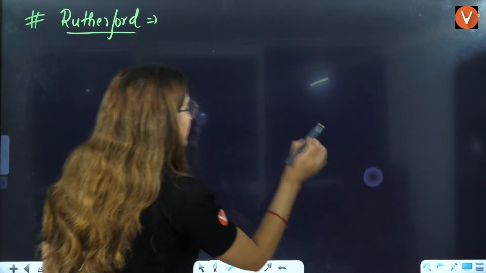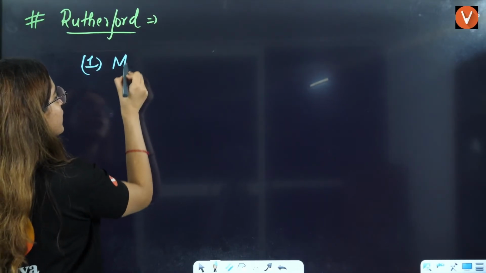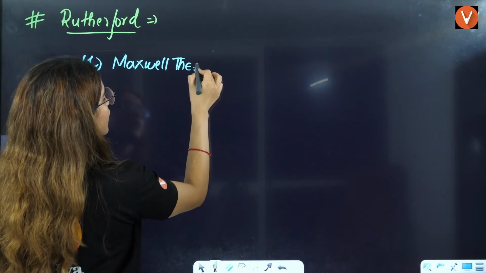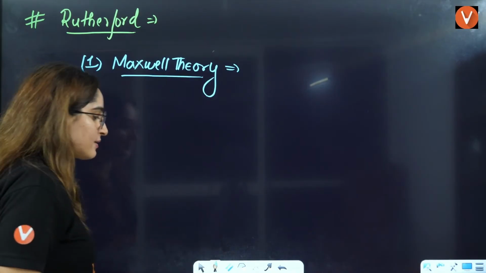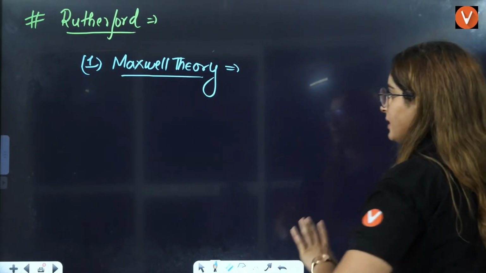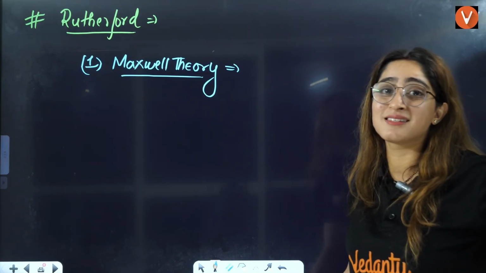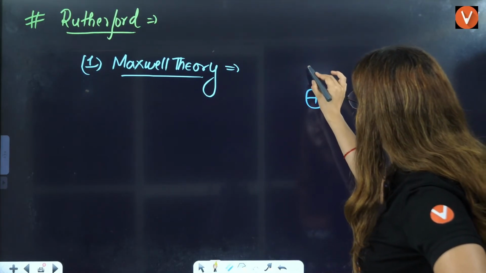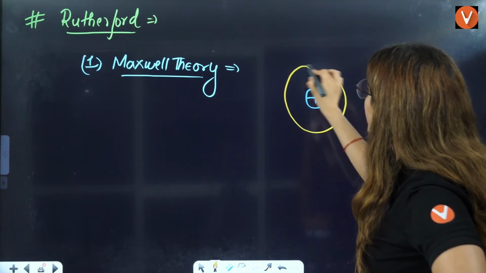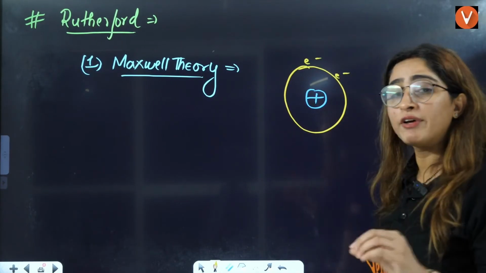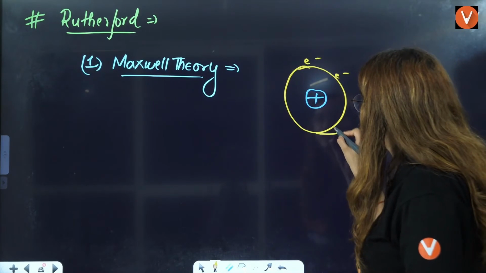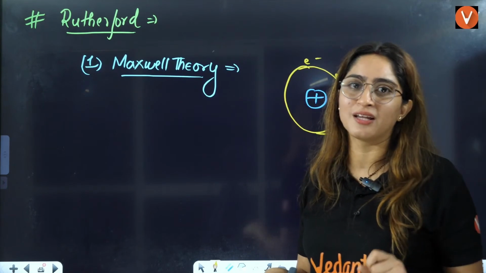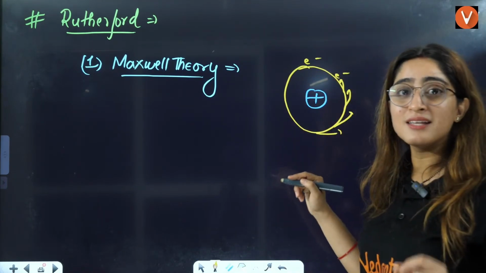The first drawback of the Rutherford model was Maxwell's theory. Consider this electron rotating around the proton in a circular orbit. Even if we keep the speed the same, the direction is changing at every point, which means the velocity is changing, so the particle is accelerated.